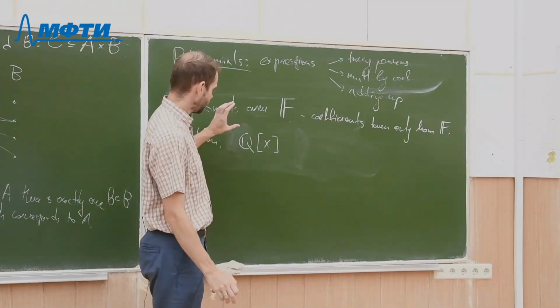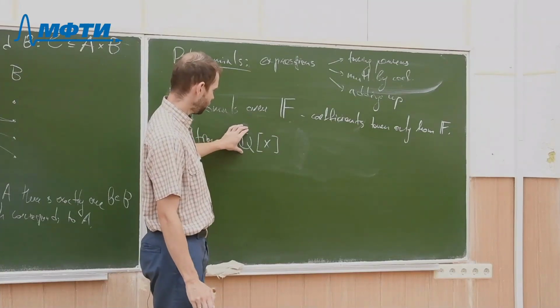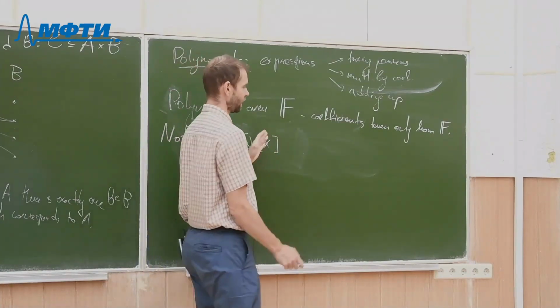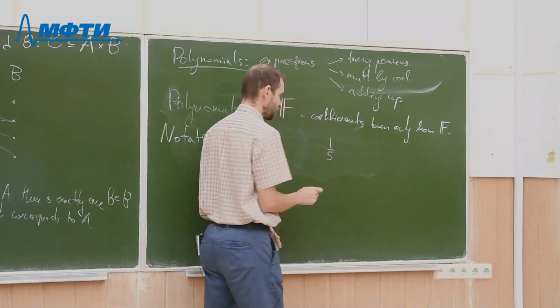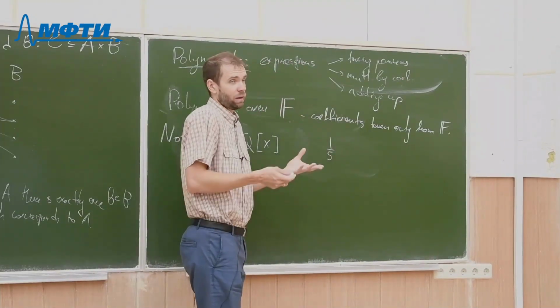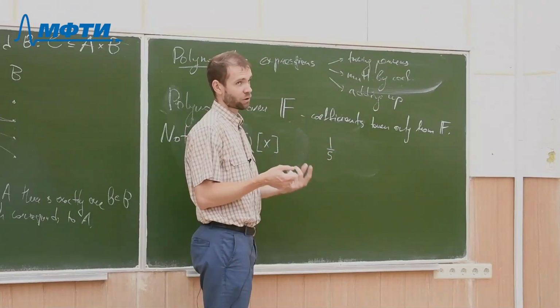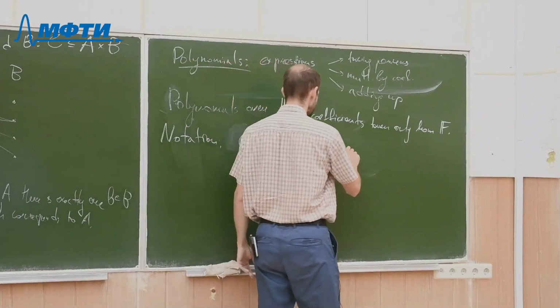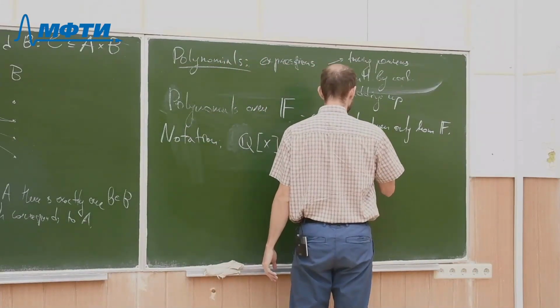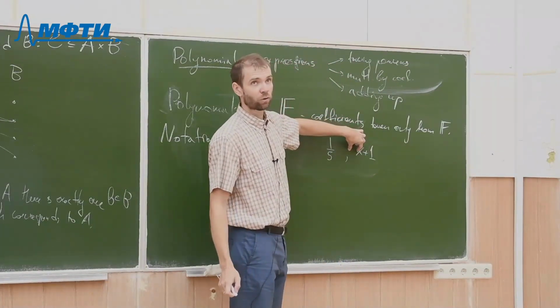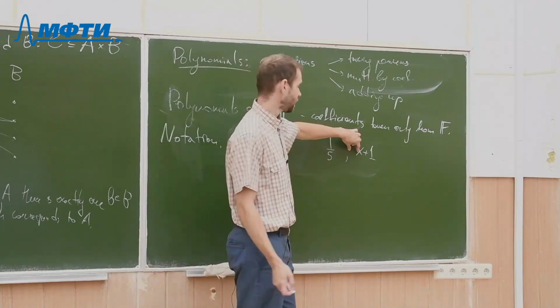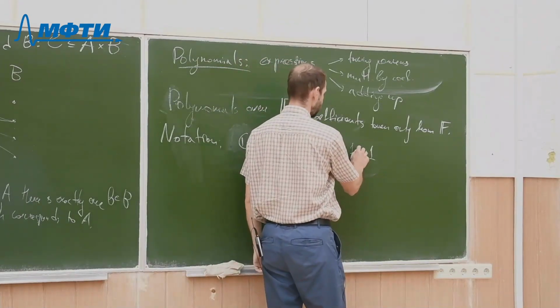just have the most concrete notation possible. So we can take rational numbers as coefficients, and we can have only one variable x. Examples for that are like 1 over 5, just a free term. We can have a constant as a special case of a polynomial. So this is a polynomial. Like x plus 1 is also a polynomial. We do not have an explicit coefficient here, but we can treat this x as 1 times x.